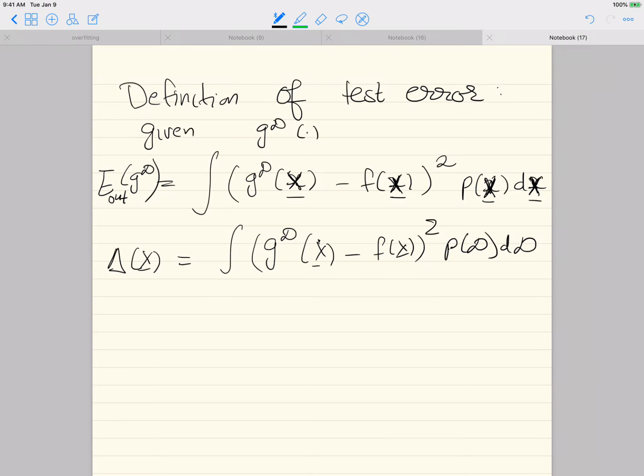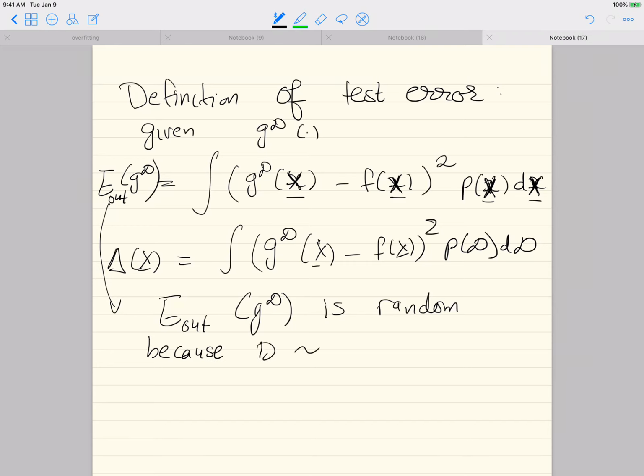The way to resolve this is to note the following. E out of GD is random, because D is random. D is selected from PD. So it's not very meaningful to talk about the test error for one output hypothesis, because that's going to be a random quantity. Depending on which training set I get, I will get some value for the test error.